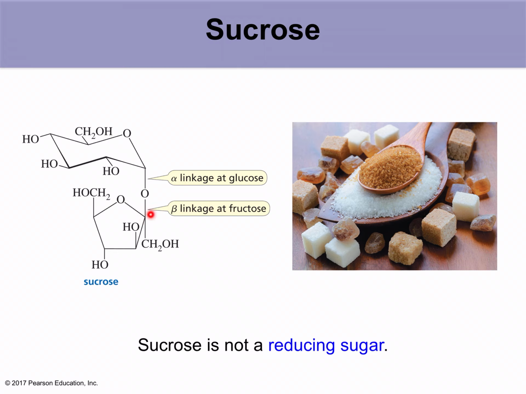Both of these are acetal groups. So sucrose is a non-reducing sugar. The criteria for a reducing sugar is that it should have a hemiacetal, ketone, or aldehyde group, but this one doesn't have any of those, and both of these are acetal groups, so it is not a reducing sugar.